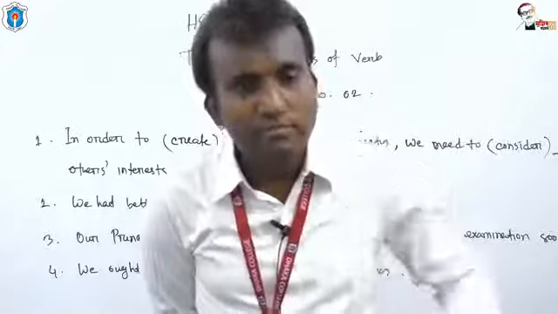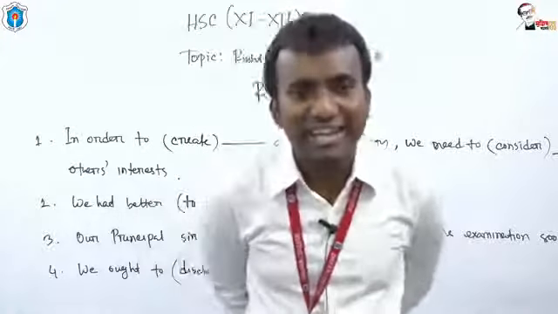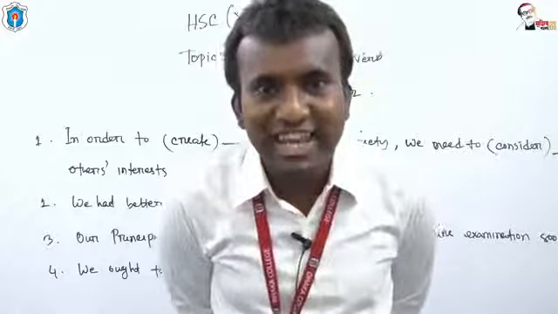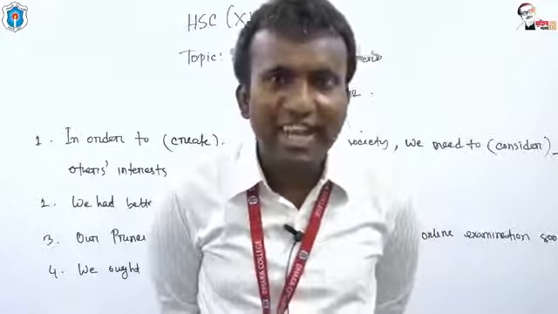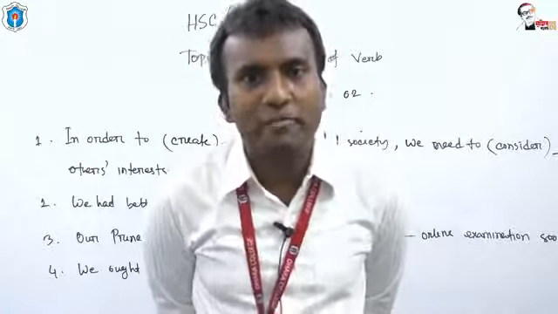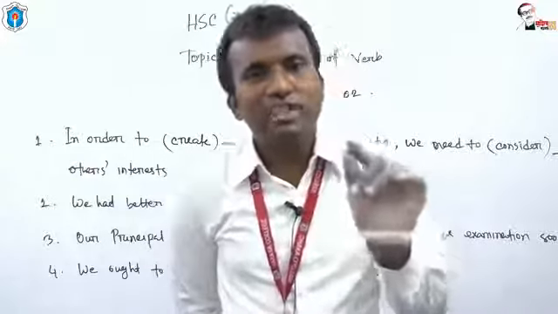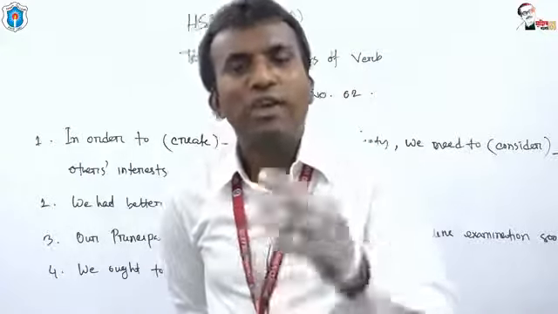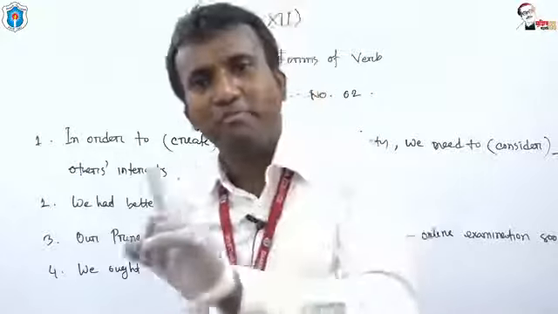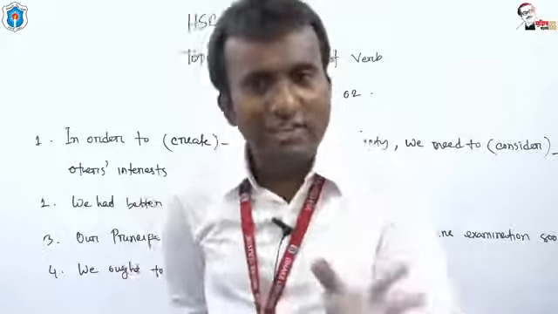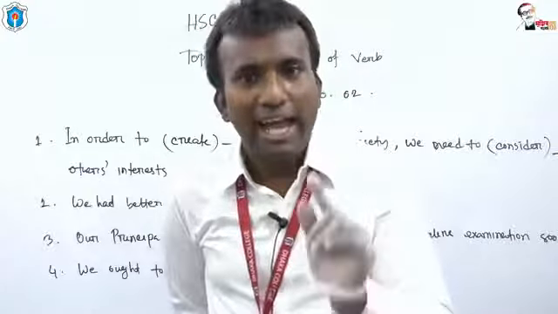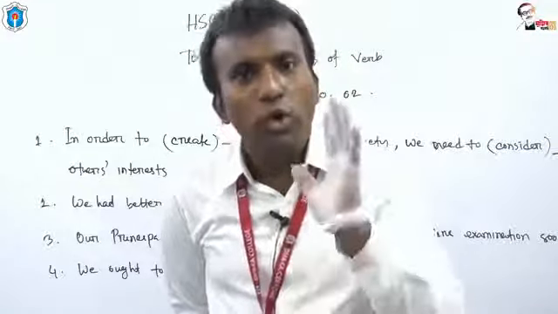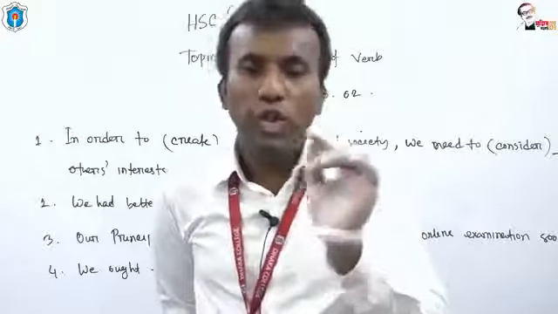Number 1, after modal auxiliary, we need to use the base form of the verb. After to or in order to, we have to take the base form of the verb. After modal auxiliary, we have to take the base form. After had better, had rather, would better, would rather, we have to take the base form.